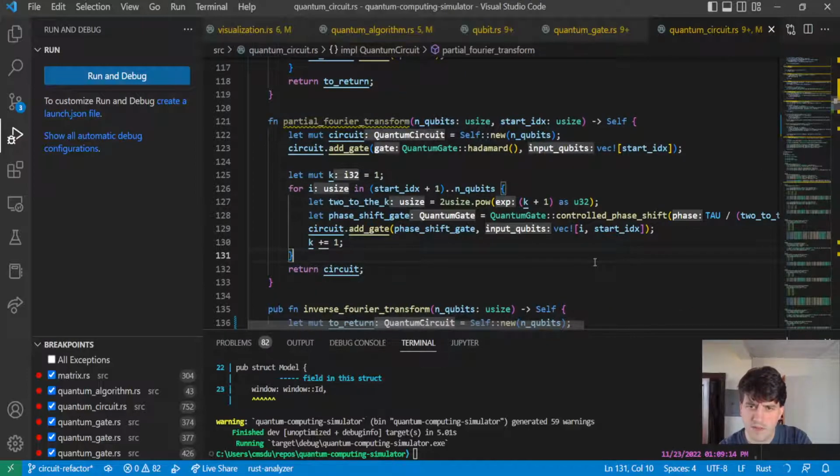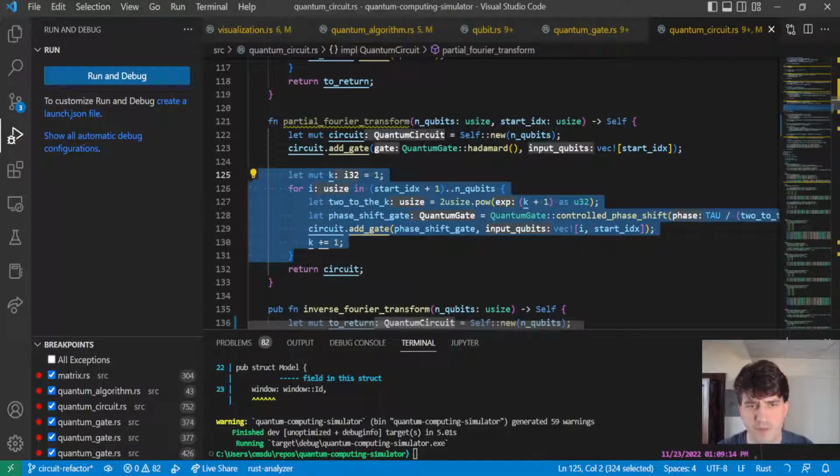Where's the Hadamard that it should end with coming from? Oh, this loop trivially doesn't run once.